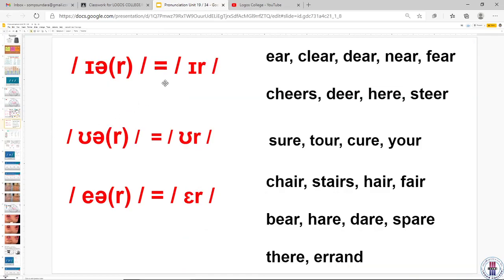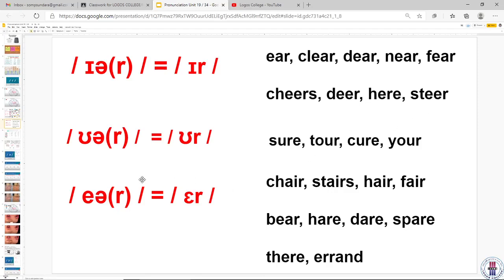Right. Here are other R-colored vowel sounds. You should have learned this already. This is the ia. So the British will just say ia. If you add the R, it's the R-colored diphthong ear, as in the words ear, clear, dear, near, cheers, here, steer.